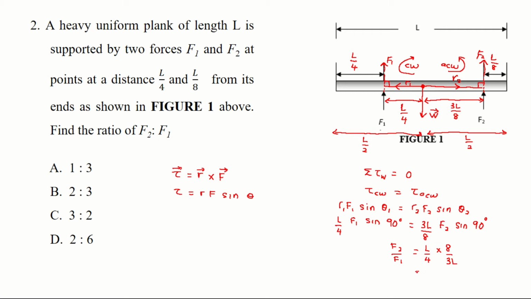We can cancel L here, so you get 2 per 3. So the ratio F2 to F1 equals 2:3. So the answer is B, 2:3.